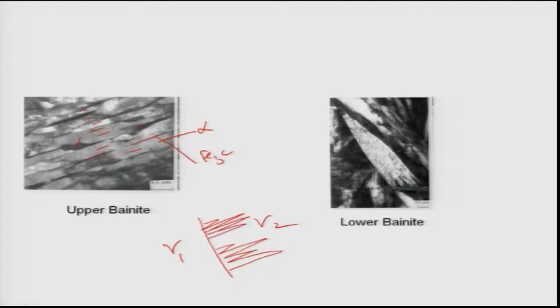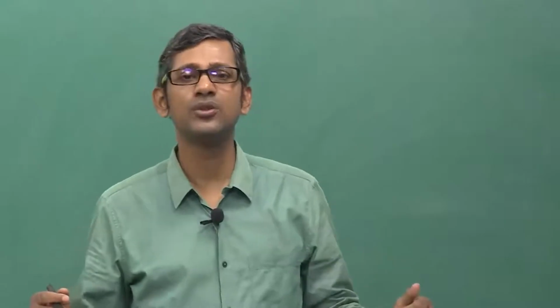Why? Because the driving force is very high. You have given sufficient large undercooling to the steel. From 727 it has gone to 400, that means 327 Kelvin is the undercooling.